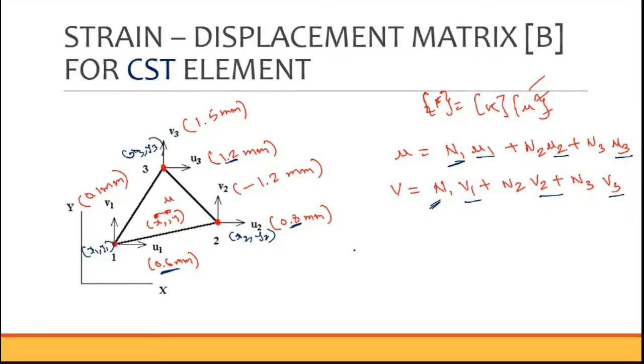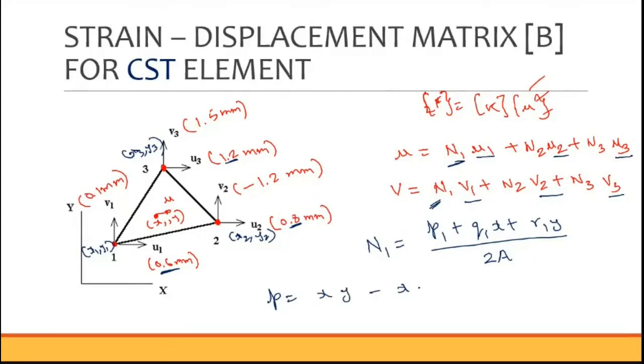We already derived the formula. N1 is equal to P1 plus Q1x plus R1y divided by 2a, where a is the area of this triangle. What is P1? It is of the form xy minus xy, with node 1 in clockwise order.